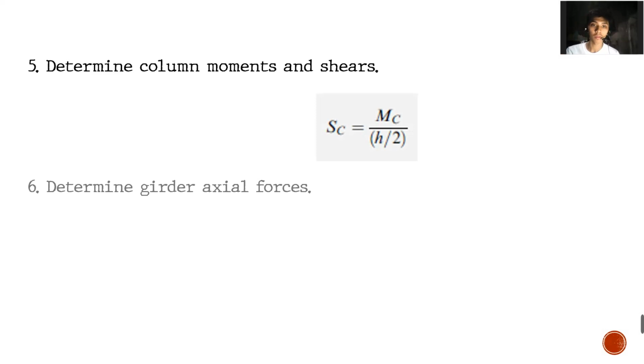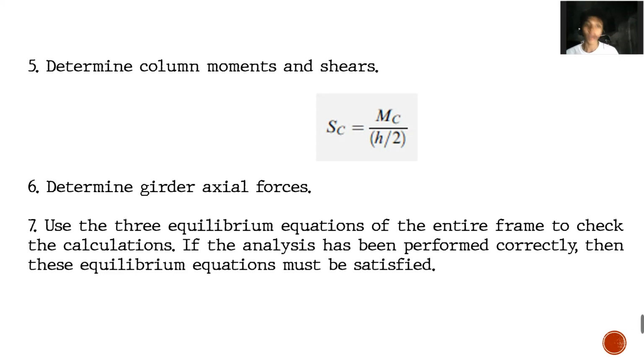So, number 6, determine girder axial forces. And number 7, use the three equilibrium equations of the entire frame to check the calculations. If the analysis has been performed correctly, then these equilibrium equations must be satisfied.